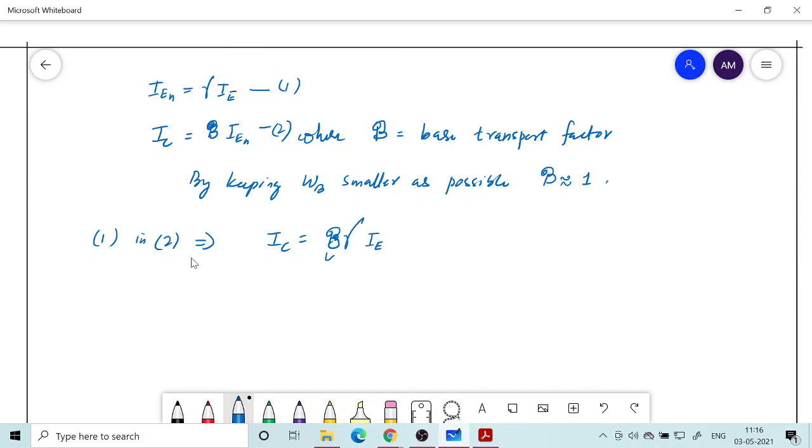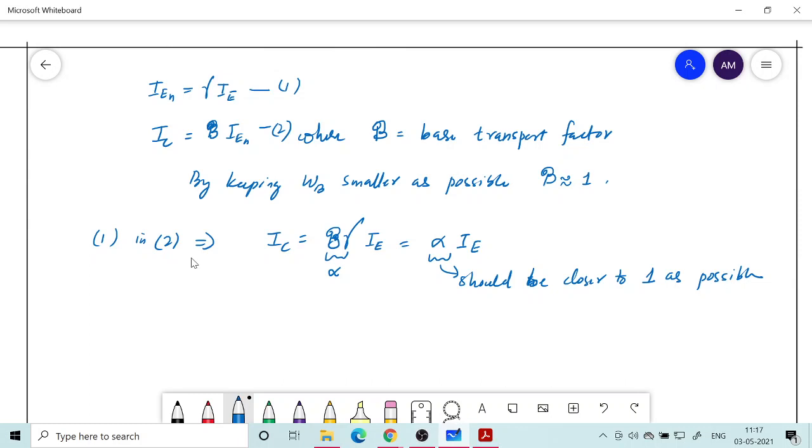Okay, and this is what we call alpha into IE. So IC is equal to alpha IE, where alpha, again, we want it to be as close to 1 as possible. For getting a good transistor with which we can build an amplifier, we need to have this alpha very close to 1, so that IC is almost equal to IE.